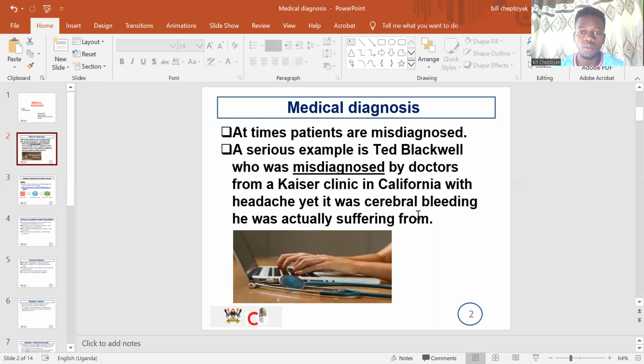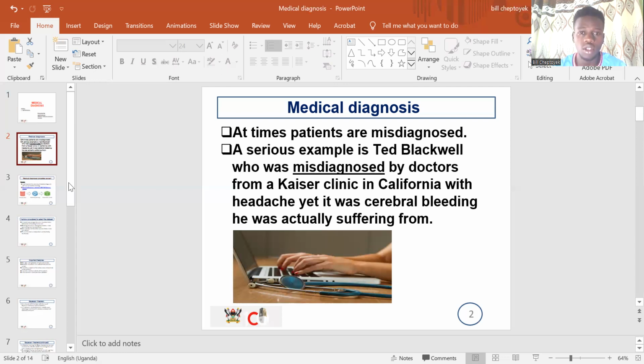Actually, he had just lost his brother 8 days before the diagnosis, and these doctors diagnosed him with stress, saying that the stress had caused the headache, yet in actual sense it was cerebral bleeding he was suffering from. Imagine he had lost his life because of this misdiagnosis.